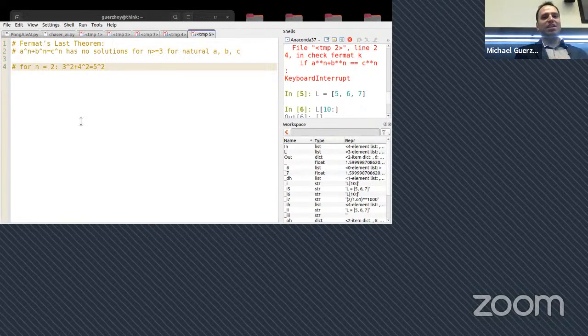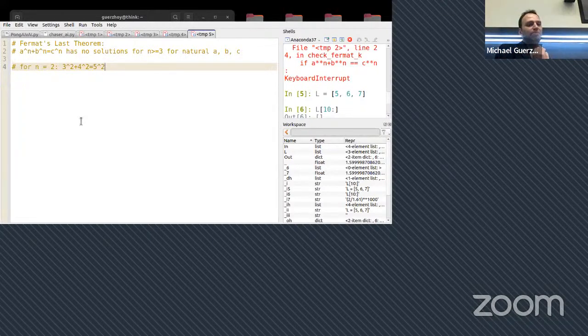It's unclear whether he was just trolling or whether he thought he had a proof. But as the case may be, until 2004, when Andrew Wiles published the proof, there wasn't a proof of this, even though it's true that there's no solution.